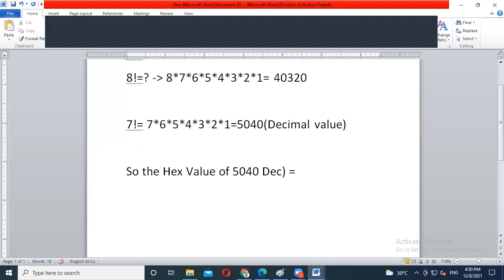Convert this decimal to hexadecimal. How much did you get?